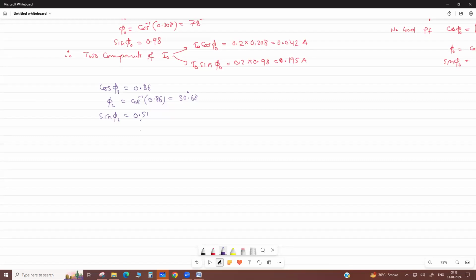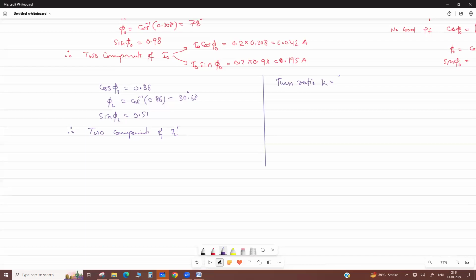0.51. They again, and therefore there are now two components of I2 dash. So first we calculate I2 dash. For I2 dash we calculate the turn ratio or voltage ratio.